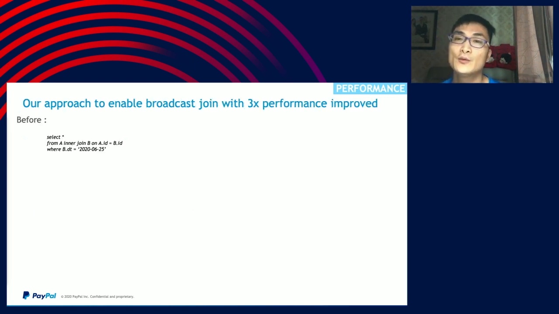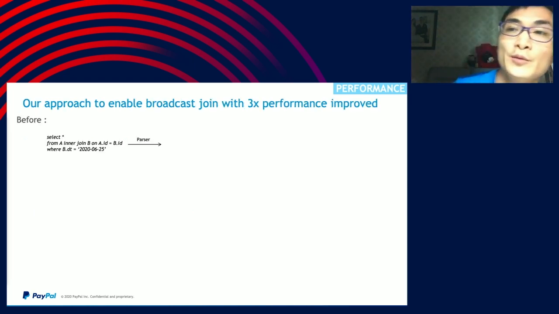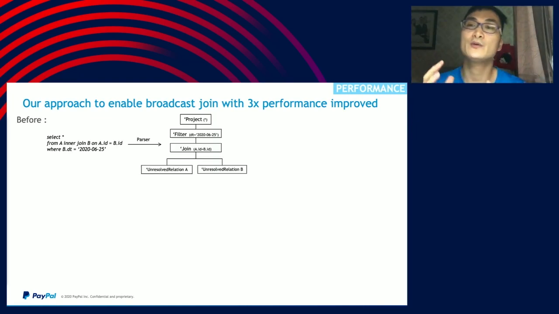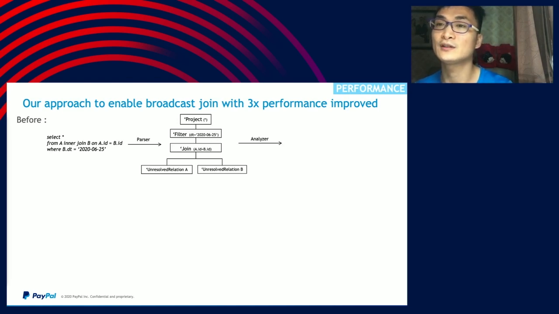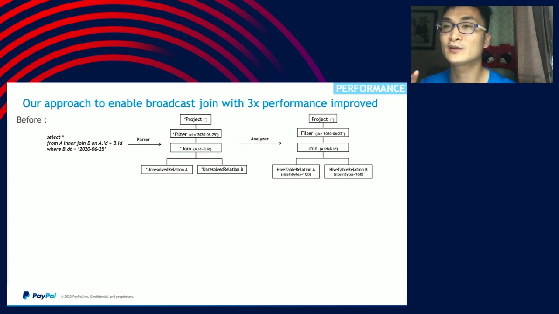Firstly, we have a SQL string. Spark will use the parser to parse the string to get an unresolved logical plan. And then it will use the analyzer to resolve the logical plan to get a new resolved logical plan.